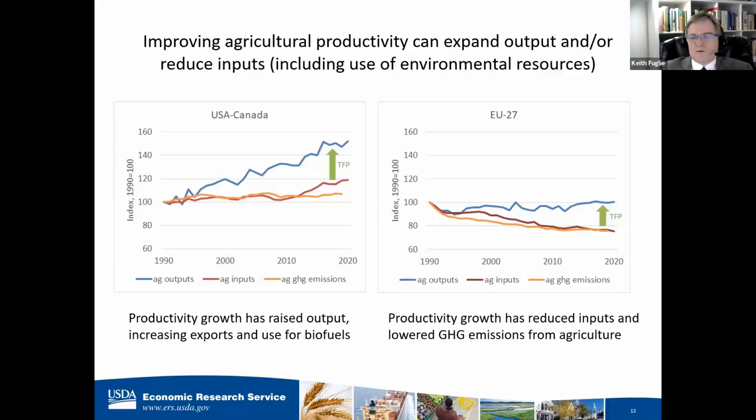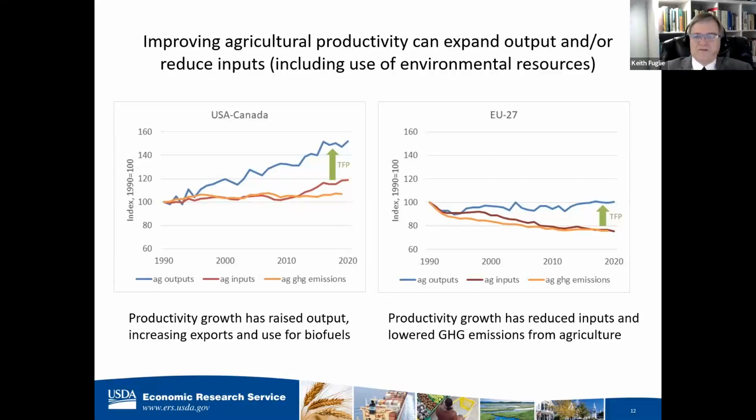So in North America, even as we increased output by 50%, greenhouse gas emissions stayed flat. So we were reducing the amount of greenhouse gas emissions per unit of output because we were raising productivity. In the EU, they were actually showing fewer greenhouse gas emissions from agriculture because they were reducing input use in agriculture.